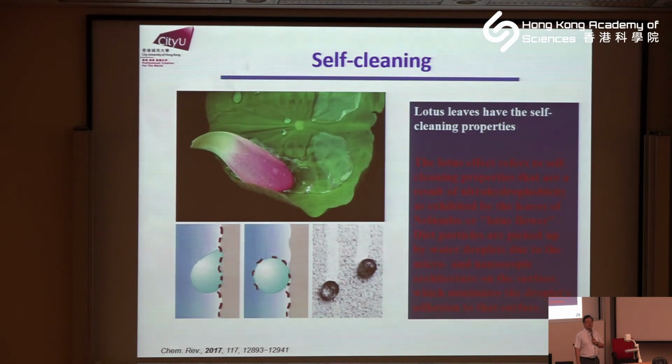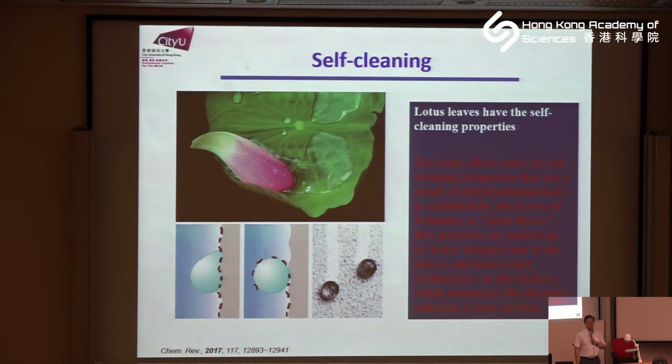And actually applying that is very simple. For example, you can purchase a spray, and you spray it on the car windshield, and then when you have rain, you don't need to use a wiper blade, because the rain will just slide off since you create a hydrophobic surface. And you can actually purchase that. You can purchase it on eBay.